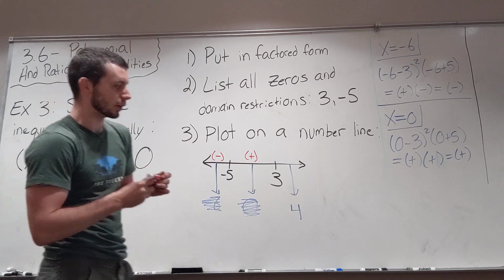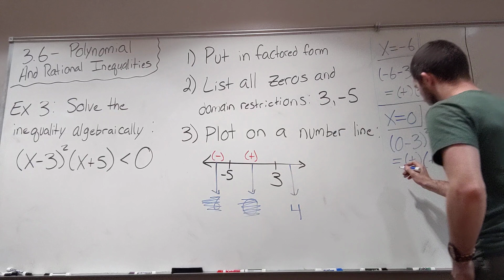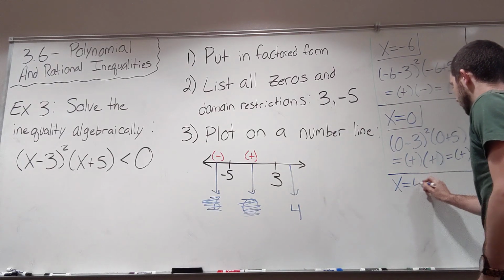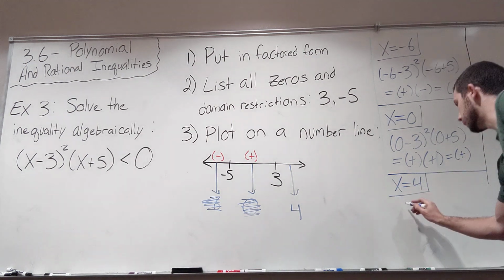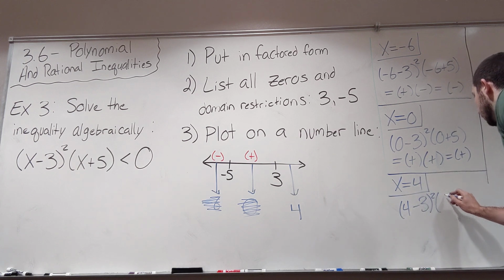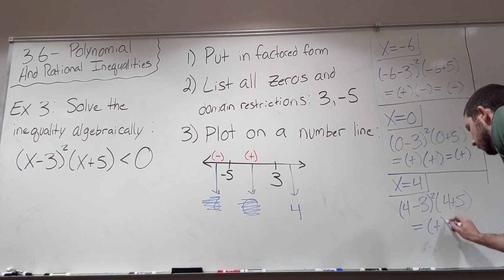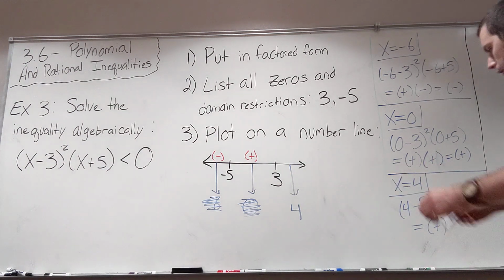And now we move on to the last one, 4. When x is 4, what happens? So let's look at that situation. When x is 4, same idea. 4 minus 3 squared times 4 plus 5, and that's definitely going to be a positive number. 4 minus 3 is positive 1, squared is 1, 4 plus 5 is positive, everything's positive.